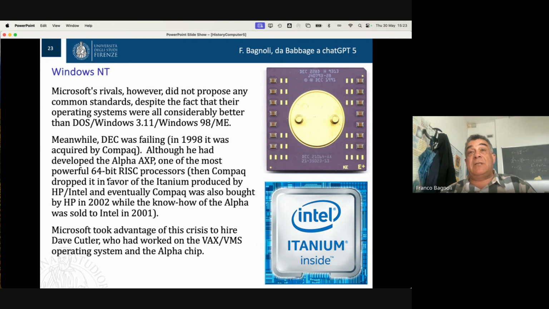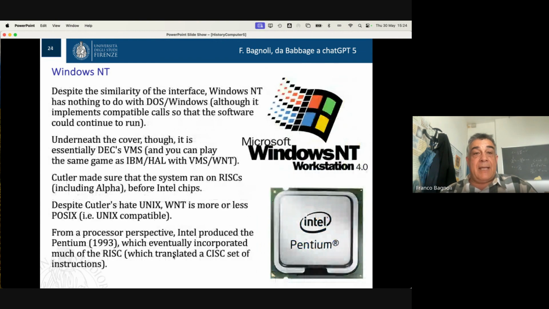But this was quite a chance for Microsoft, because it could hire a lot of engineers from VAX, among them Dave Cutler, who had just developed the system for the Alpha chip, and who was essentially charged with developing a system that apparently was like the old Windows, but at the end was the DEC system, VMS.